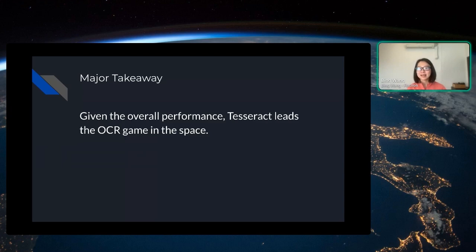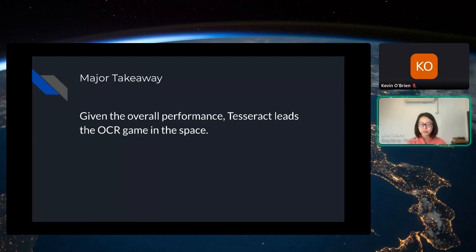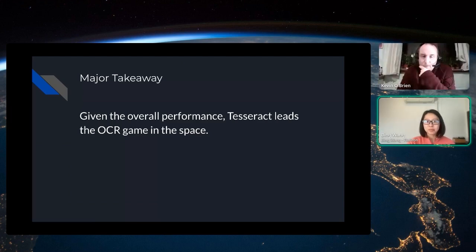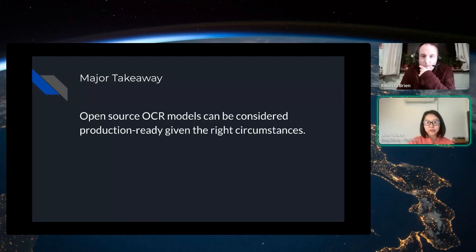And as I said, when it comes to big, consistent chunks of data, these open source OCR models did a very good job. Also, given the right circumstances, for example, when you're analyzing data without requirement of very high accuracy rate, and also when you have images with high resolution, these models perform very decently.